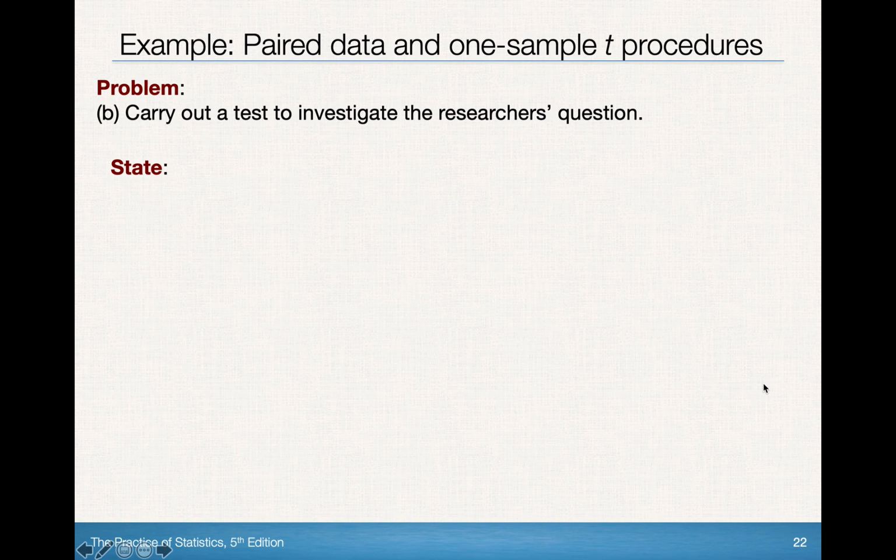All right, so we're going to carry out a test to investigate the researcher's question. And our question is, does lack of caffeine cause depression? So again, we have our 4-step process: state, plan, do, conclude.